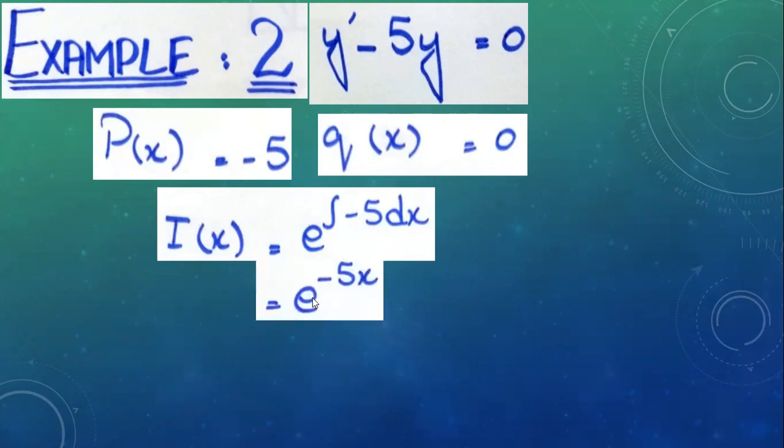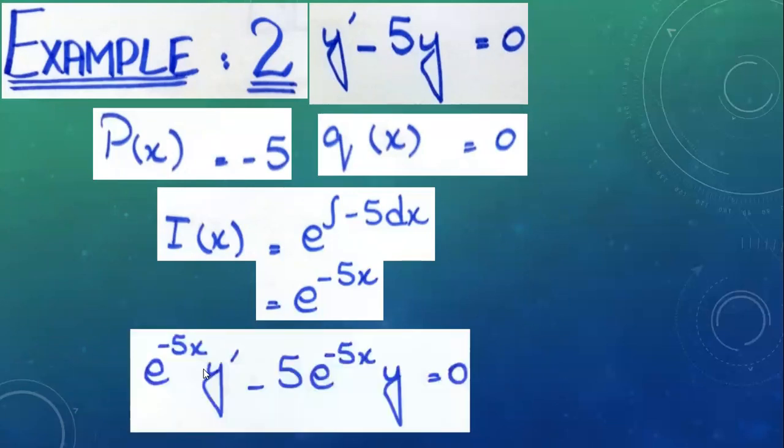So you will find exponential power minus 5x. Now you have this integration factor I of x equal to exponential power minus 5x. So multiply with this equation. When you multiply on both sides, you will have exponential power minus 5x times y prime minus 5 times exponential power minus 5x, this is our integration factor, times y is equal to 0.